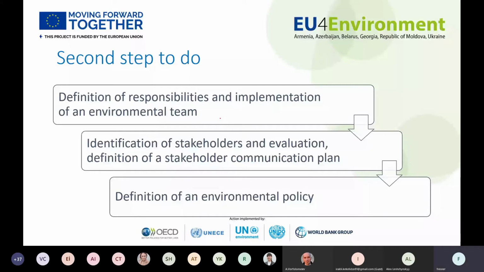And then the key step of this set of activities, the definition of an honest, serious, motivating environmental policy as a basis for further communication on the environmental management system inside of the company and also outside. So this is basically what we will do in group work.